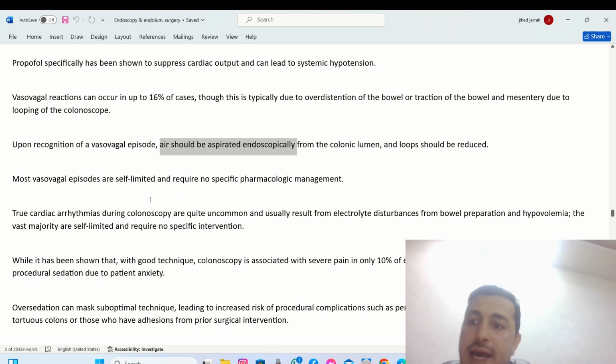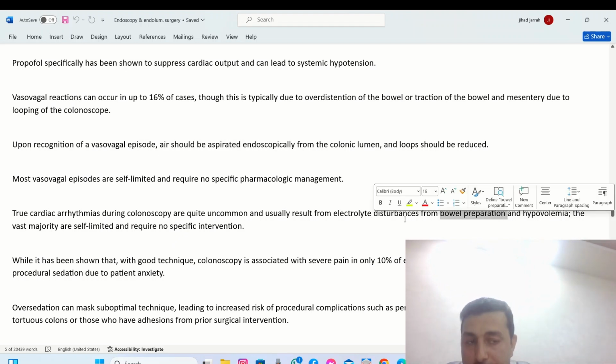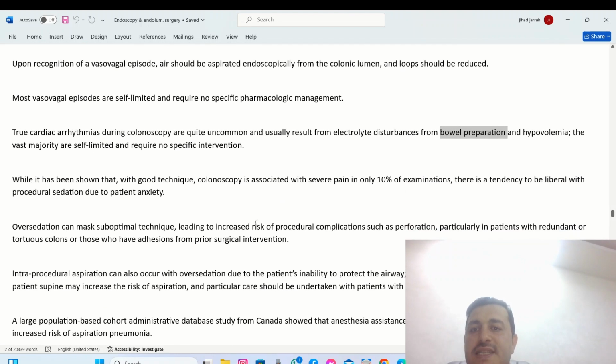As we said, most of the vasovagal episodes are self-limited. True cardiac arrhythmia during colonoscopy is usually uncommon, and these may be related to the bowel preparation. The vast majority is also self-limited.